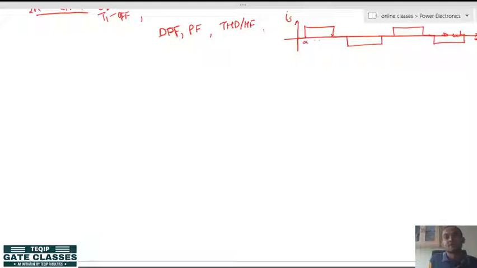So, it is alpha, this is pi, this is alpha plus pi, this is 2 pi, this is alpha plus 2 pi, this is 3 pi, this is alpha plus 3 pi, this is 4 pi, and so on. So, again you see the time period is 2 pi, all right, and you can also see that this wave is half wave symmetric.